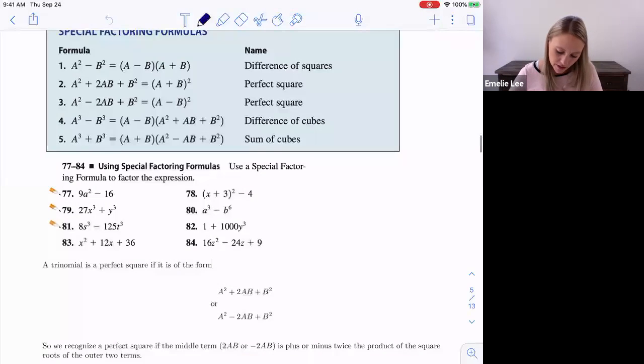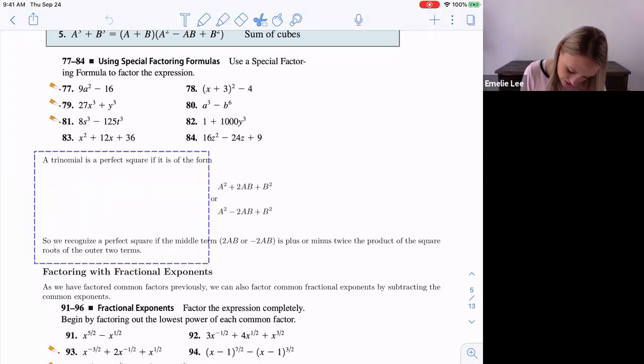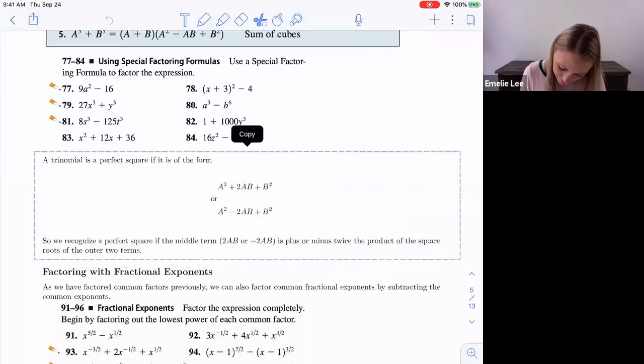Later on, you might hear people talking about a perfect square. Usually if you go on into calculus, for example, then you might hear about perfect squares. Perfect squares are just a trinomial where you have either 2ab or minus 2ab squished between a squared plus b squared.